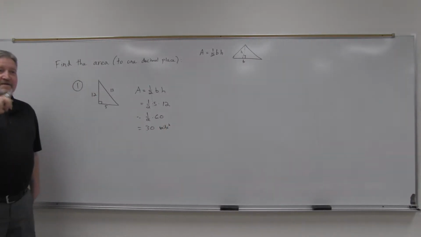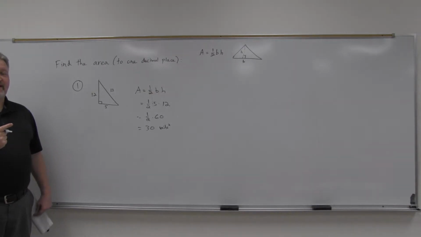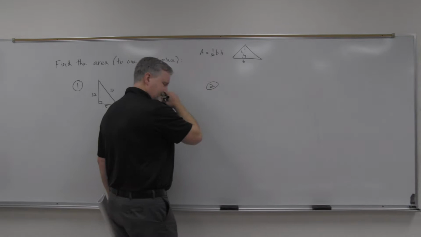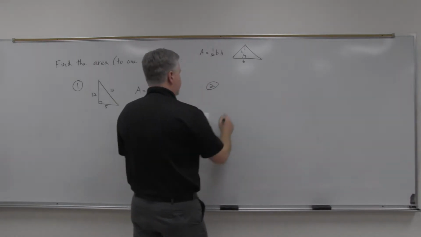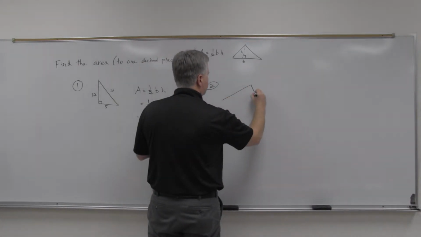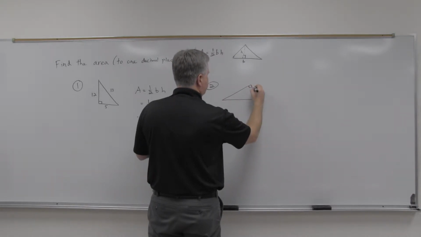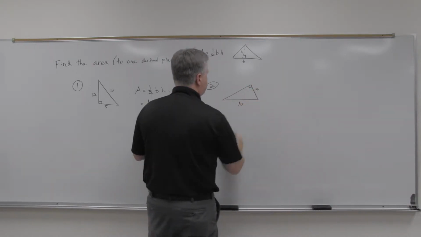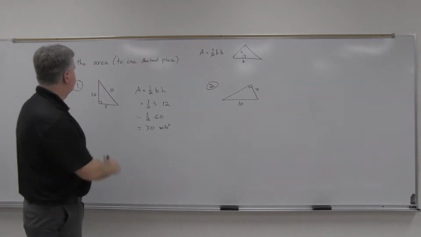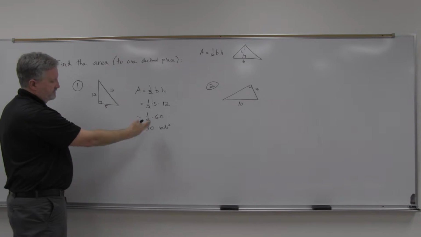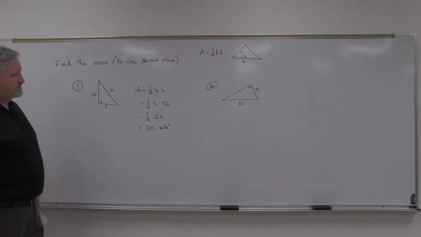Now, this other one I was going to show you has a little bit of a twist to it. It's similar in that it is a right triangle. Again, find the area.